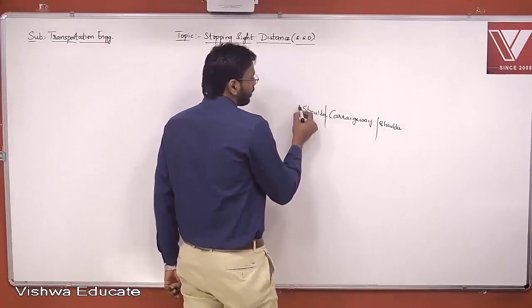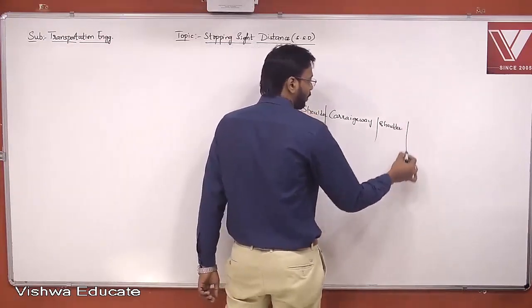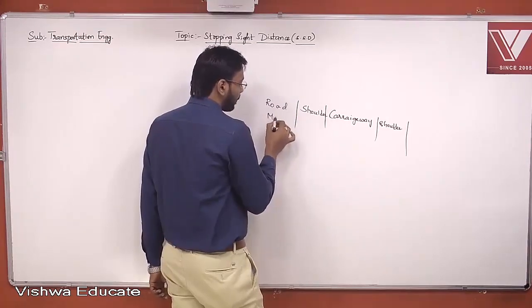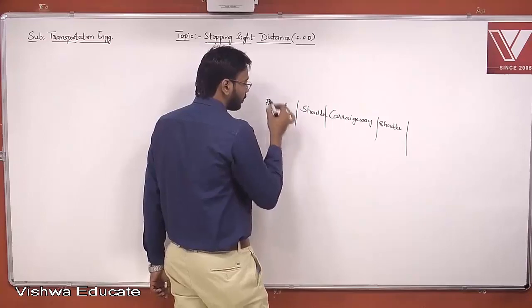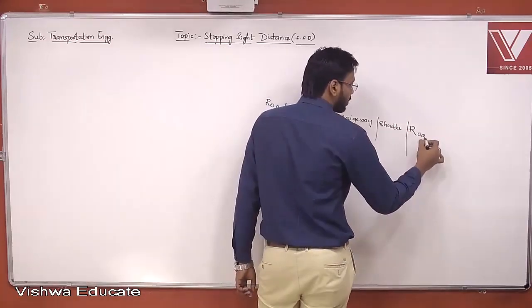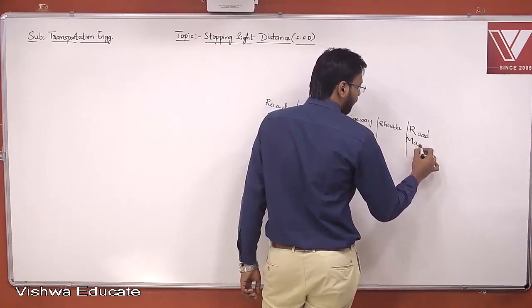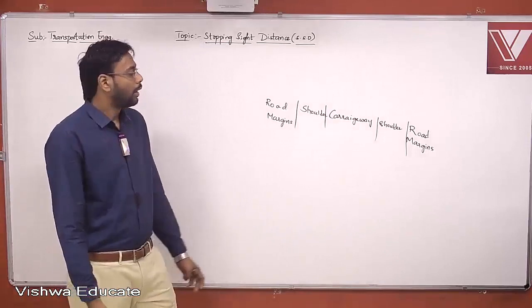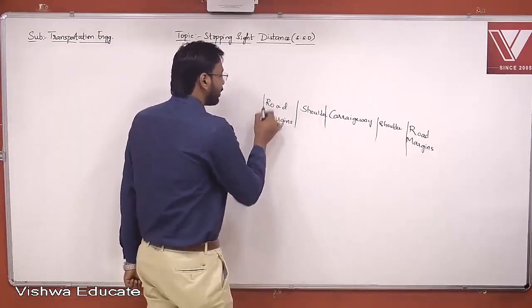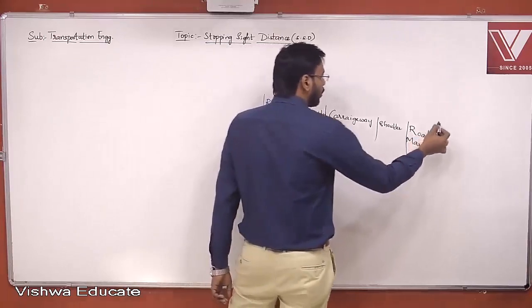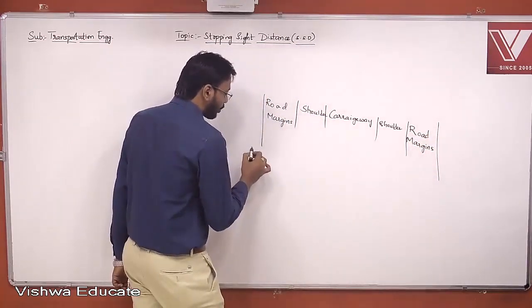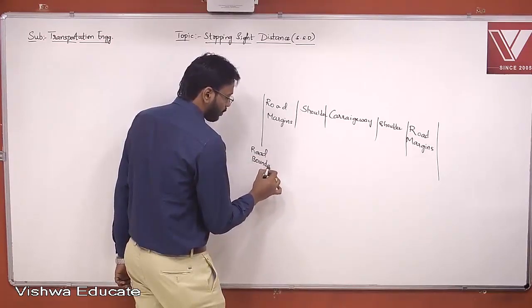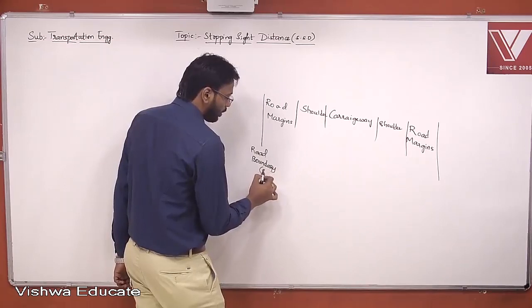Now, after this shoulder, we have road margins. After these road margins, you will be having the road boundary, RB.